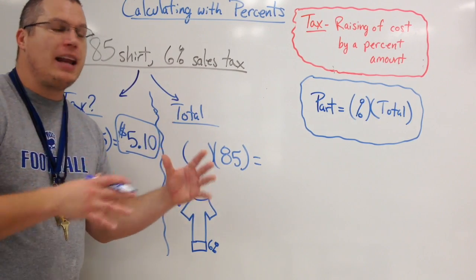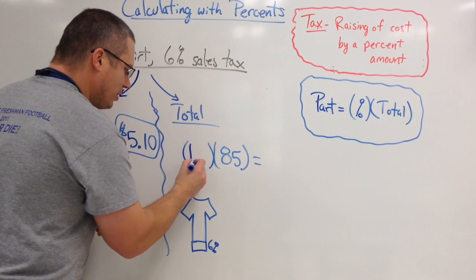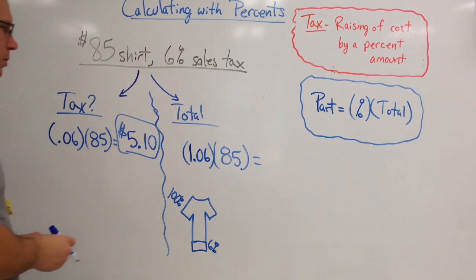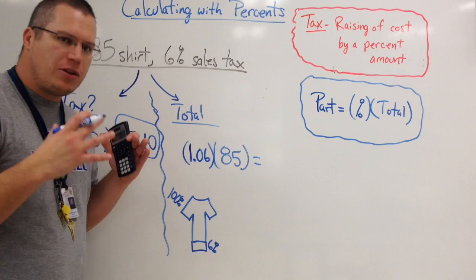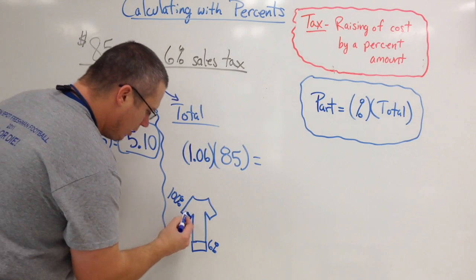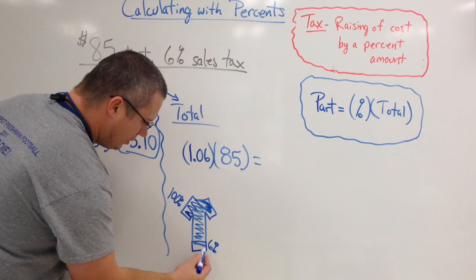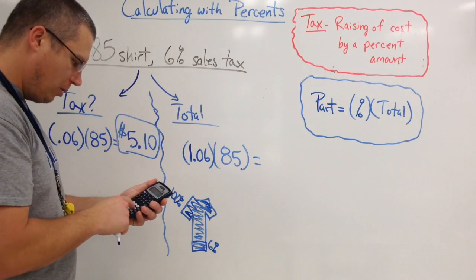So if I take that and make it into a decimal, 106% is the same as 1.06. So again, thinking in terms of, okay, what percent of this shirt am I actually paying for? That's 100% of the shirt plus the 6% added on. So I'll take my calculator, 1.06.